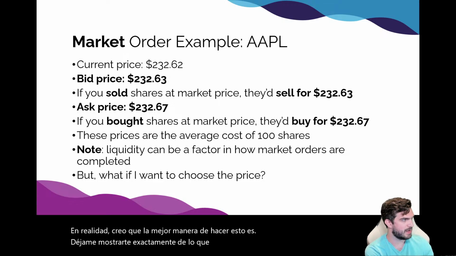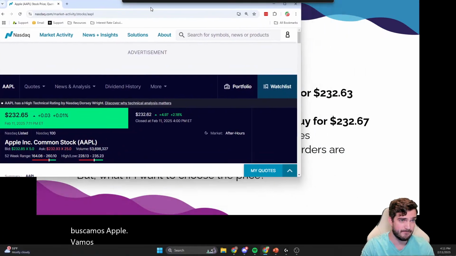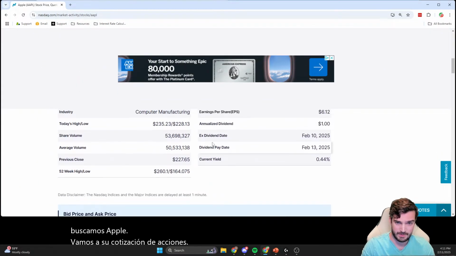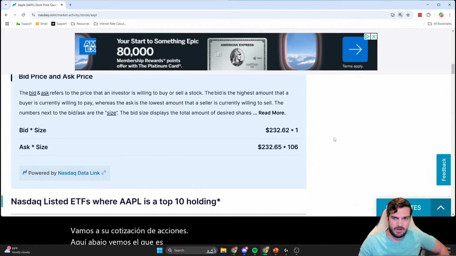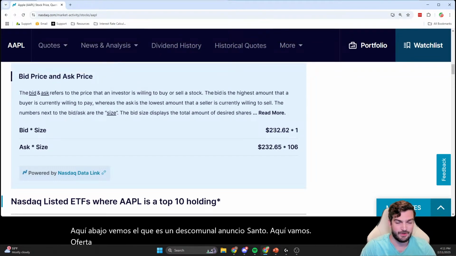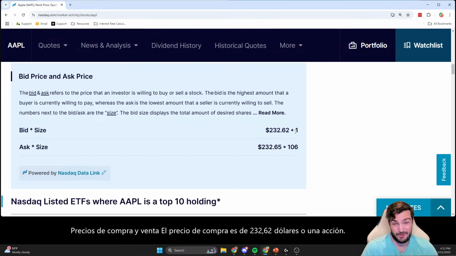If we go to NASDAQ and we look up Apple, and we go to their stock quote, down here, we see that is a ginormous ad. Here we go. Bid and ask prices. The bid price is $232.62 for one share. That might not be very useful to you.